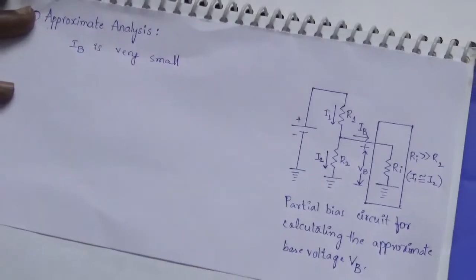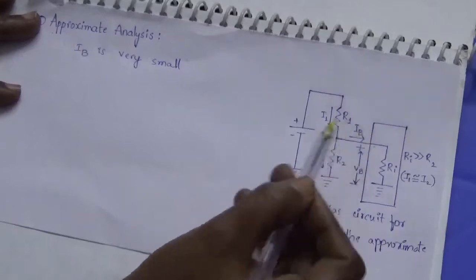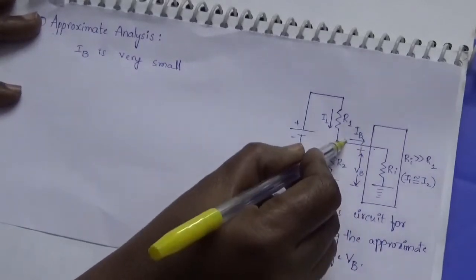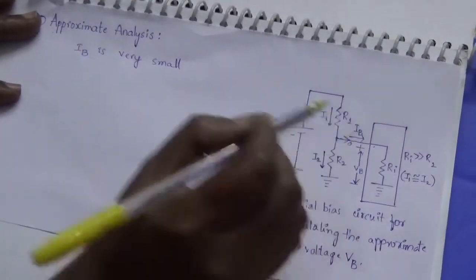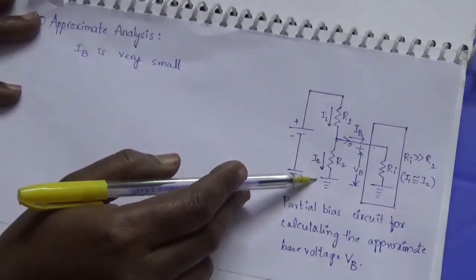If IB is small, nothing is flowing into the transistor. If nothing is flowing, that means the flow here is zero. So everything is flowing through this.